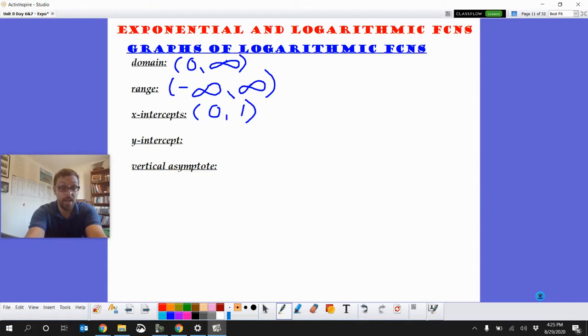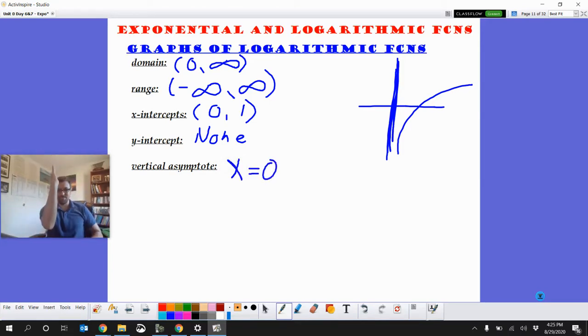And it has no y-intercept, because the other one had a y-intercept. It's never touching the y-axis. It just kind of shoots off like that. It has a vertical asymptote, the vertical line x equals 0, just where x is 0. It never quite reaches that.